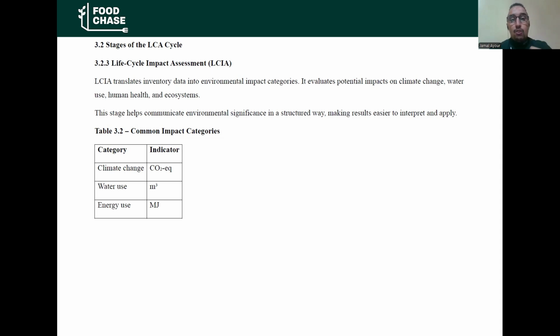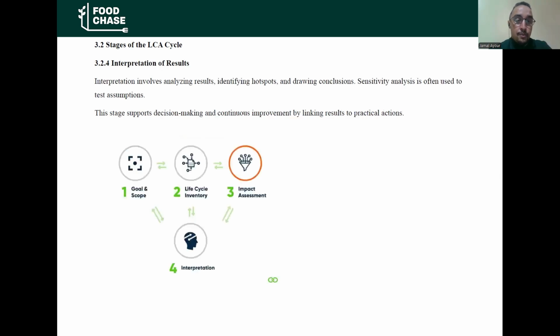This stage helps communicate environmental information, create traceability and transparency between industry and consumers, and give significant results for each step of your product. In this table, we present different common impact categories such as climate change, water use, and energy.